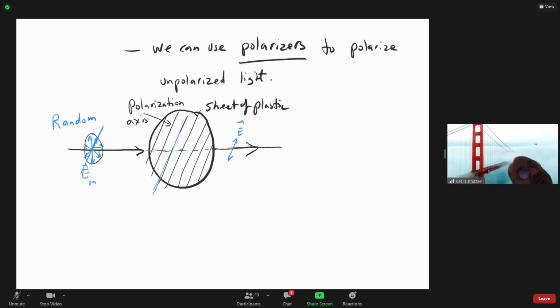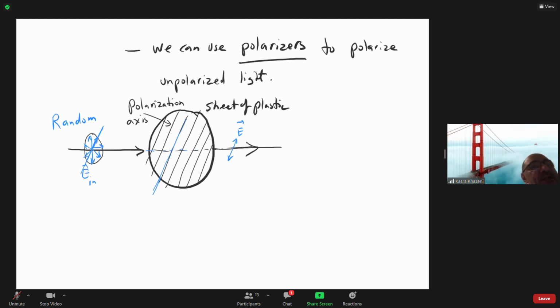So for natural light, you can always go buy a polarization sheet or a polarizer. Polaroid makes glasses out of polarization sheets, and there's a reason they do that. But anyway, I'm sure you can find these things online these days. You can get sheets of polarizers and play with them. You can actually polarize light that is not polarized.